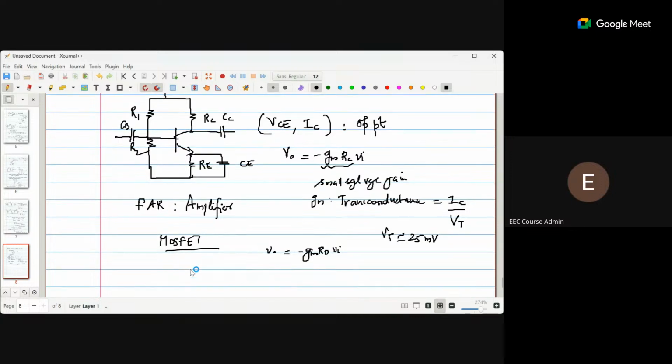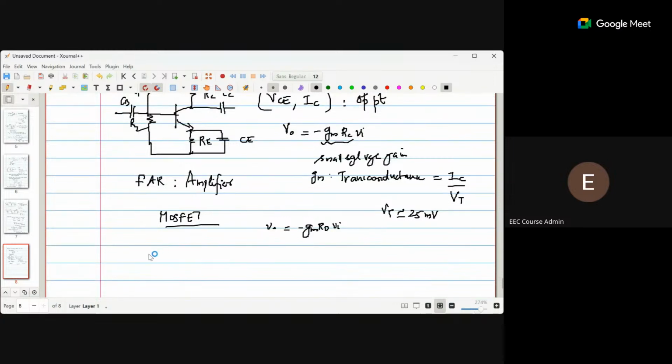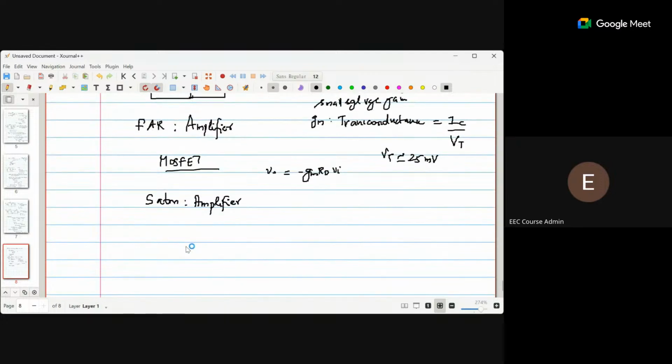And in the case of MOSFET, it is in the saturation region that it functions as an amplifier. Another region is the linear region or the triode region. So what is the expression for the drain current in the saturation region?